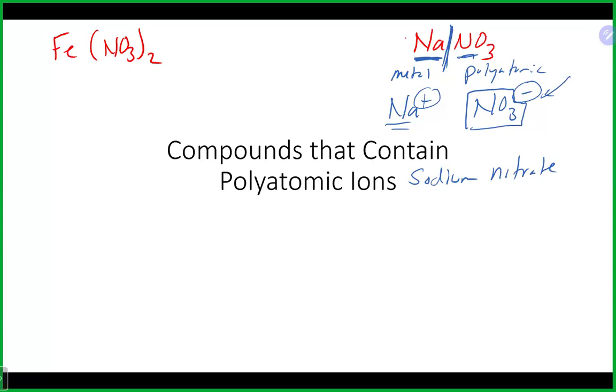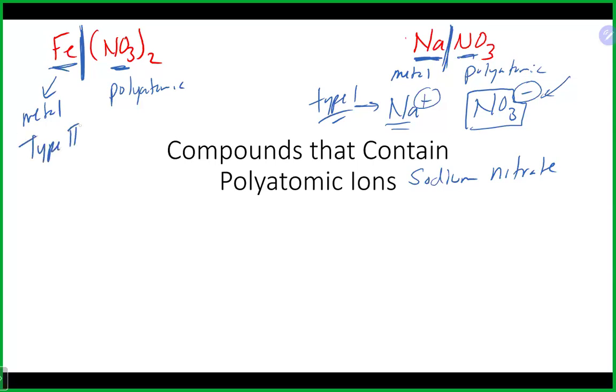Now, if we take a peek over here on the left, and we would break it apart right about there, we once again see a metal and we see our polyatomic ion. And unlike this metal here, that is a type 1 metal, once again, the metal is the most important thing, and iron is a type 2 metal because it is sitting again in the transition metal region.